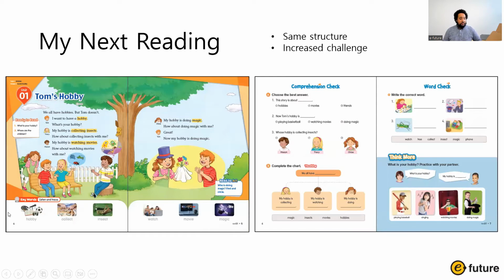Again, you have vocabulary here, you have your story, you have some comprehension questions, and then again some comprehension questions over here, and a graphic organizer and vocabulary check. The only difference is that the challenge is a little bit higher. So you have a few more vocabulary words, the stories are a little bit longer, things of that nature.